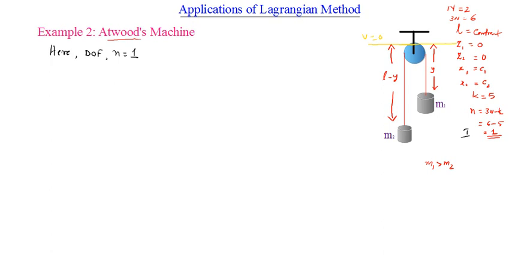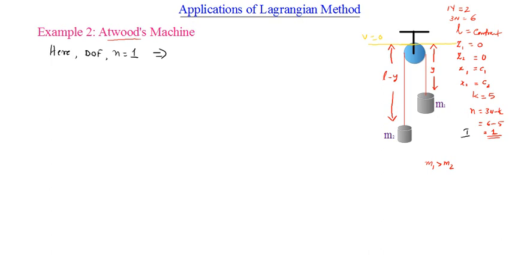You just need to know y, the y coordinate of one of the masses, then automatically the y coordinate of the second mass is fixed. If y1 equal to y, then y2 equal to L minus y, meaning only y is needed. Y is the only independent coordinate. Therefore n equal to 1, the degree of freedom is equal to 1.